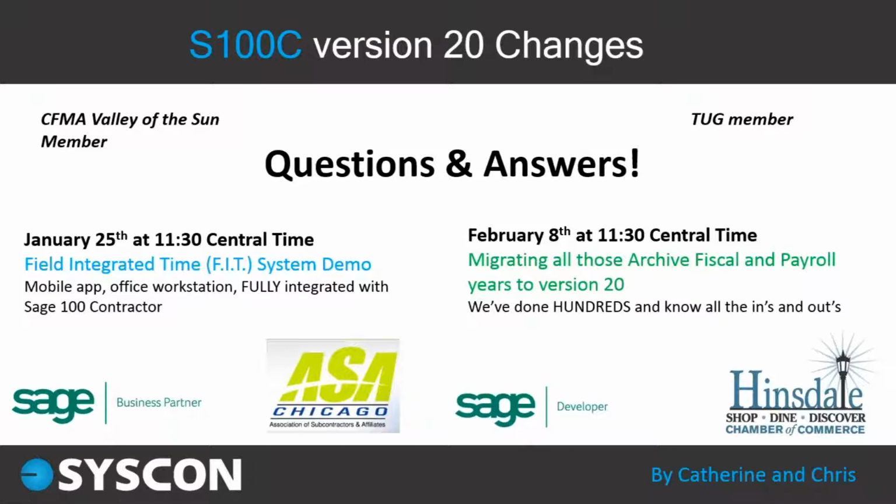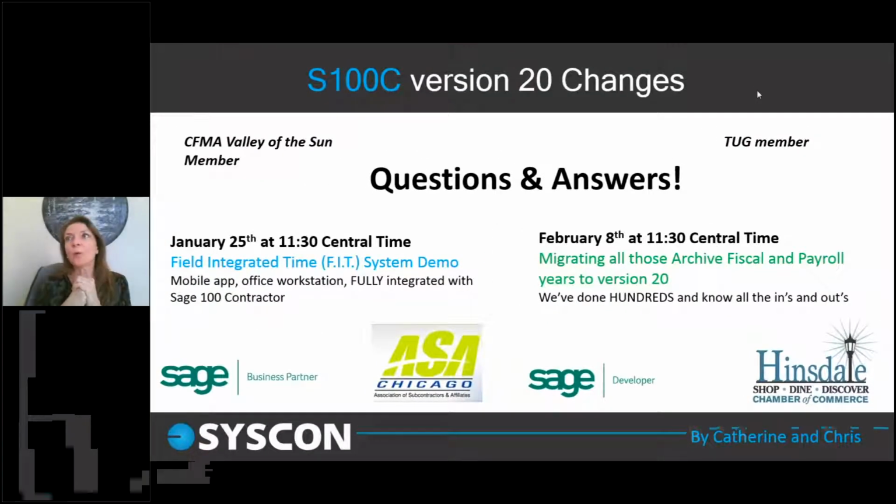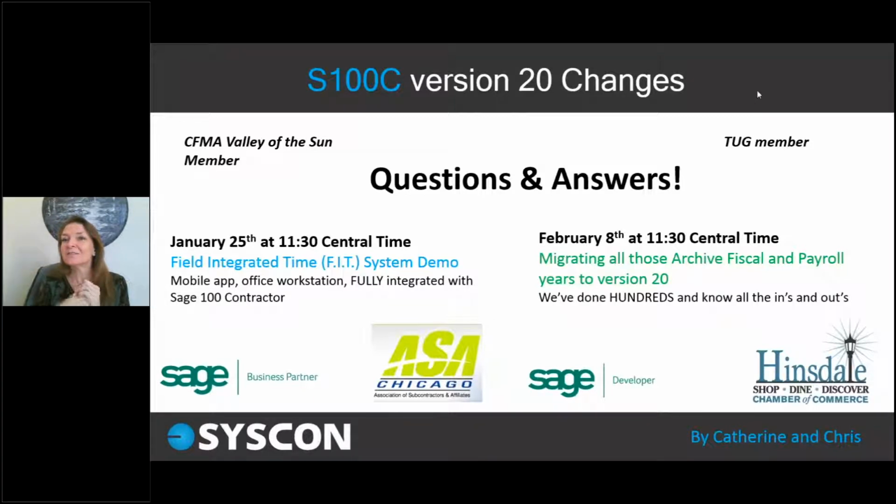And then on February 8th, we're going to go through all the steps for migrating those fiscal and payroll archives. We've done hundreds of these, so we know all the ins and outs. And those of you who have been on the software for any length of time, over years, there are fields that weren't required 4 or 5 versions ago, and now they are, and they're causing problems with migrating fiscal and payroll data sets.